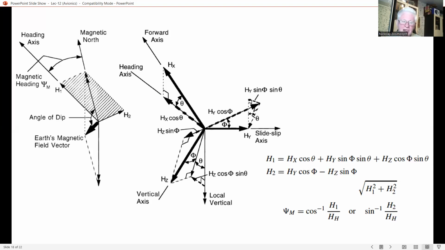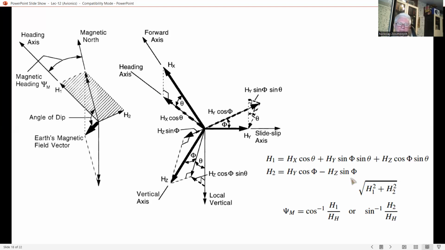Second component, computation of the horizontal components of the Earth's magnetic field, in our case here H1 along the heading axis and H2 at right angles to the heading axis, using equations as we already showed.